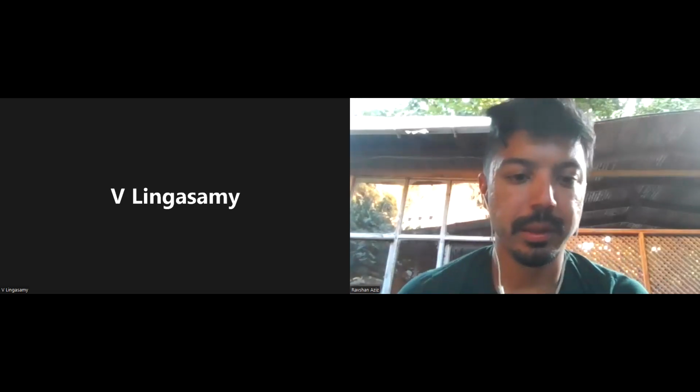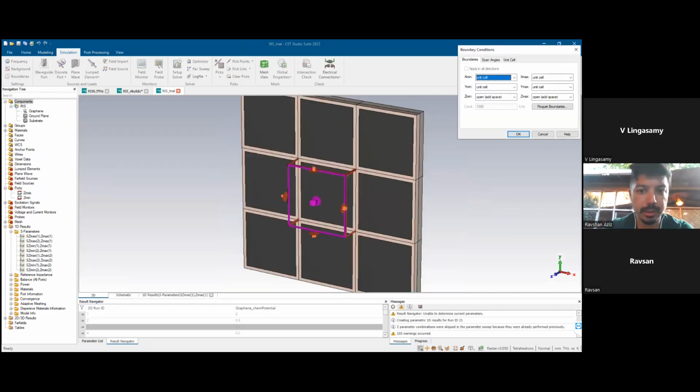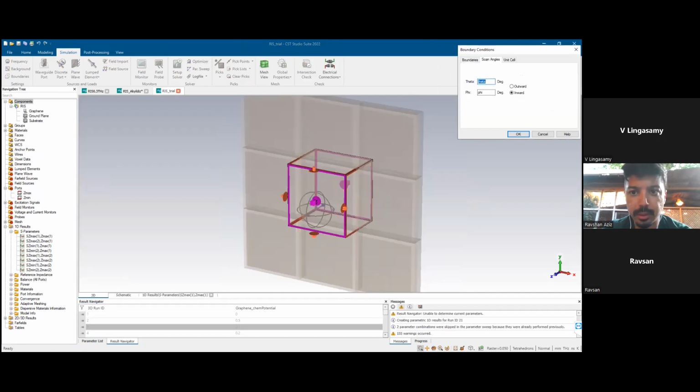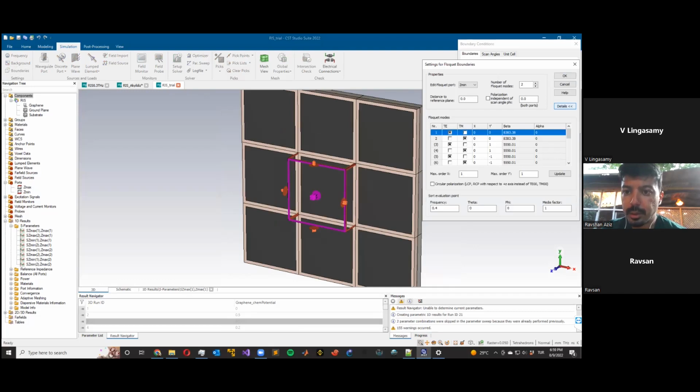Can you see here, the boundary? Here you can see the distance to reference plane. You can give, for example, minus lambda by 4, whatever value you want.